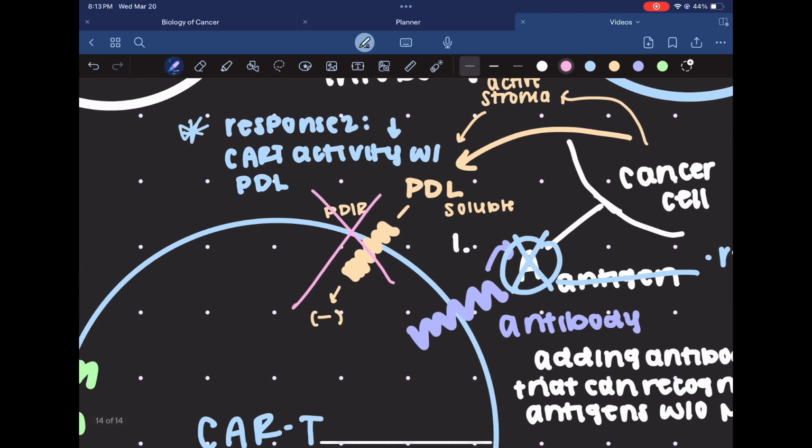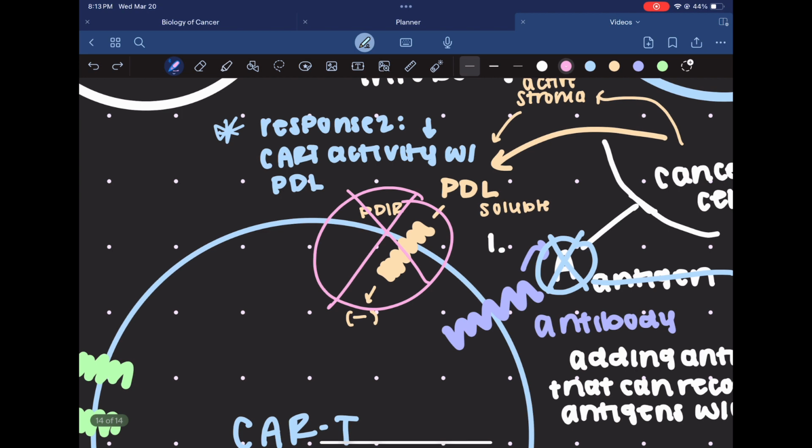And that's kind of our final CAR T modification, is removing the PD-1 receptor to avoid this PD ligand T cell exhaustion. Right? So that's kind of our final step that we can take in this process.